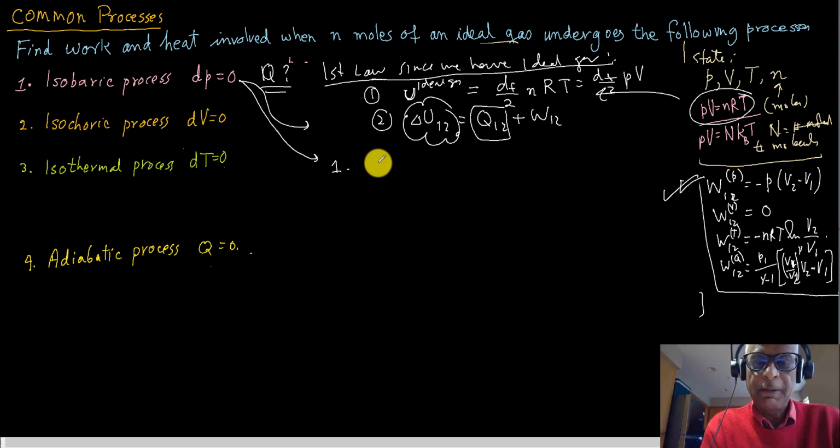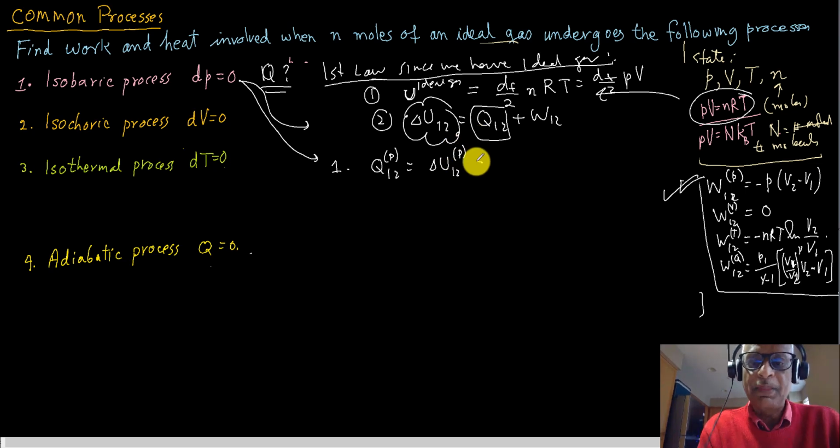So let's look at the isobaric process. Q12 for the isobaric process will be delta U12 minus W12.